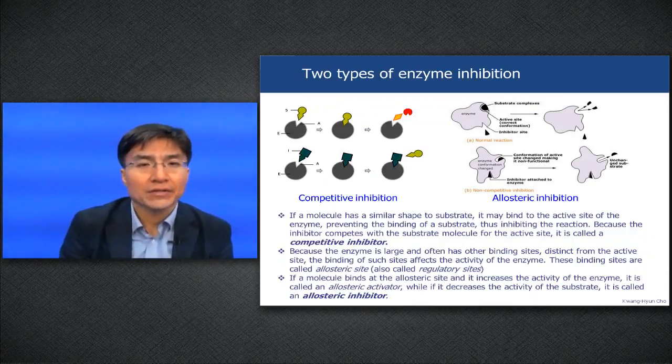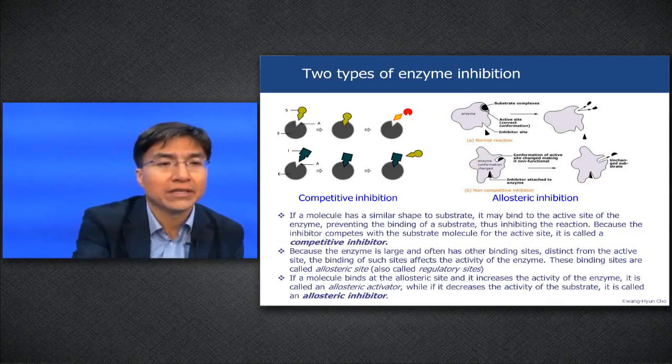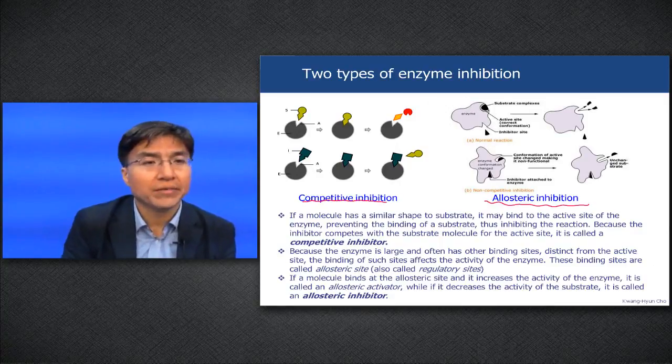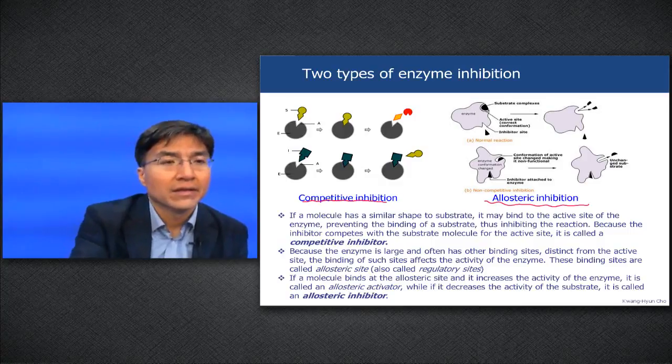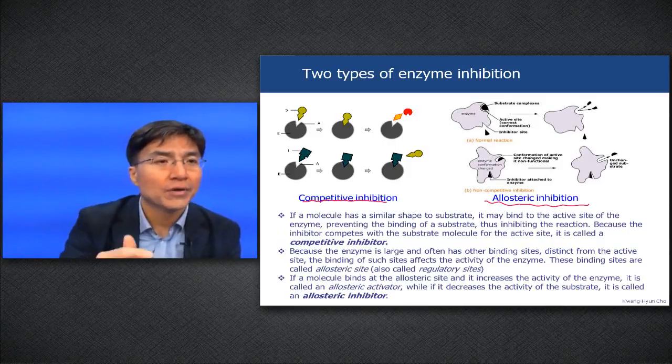Such enzyme substrate reaction is often regulated by inhibitors. There are two types of inhibition. One is competitive inhibition, and the other one is allosteric inhibition. Competitive inhibition means that usually the enzyme is much larger than the substrate molecule.